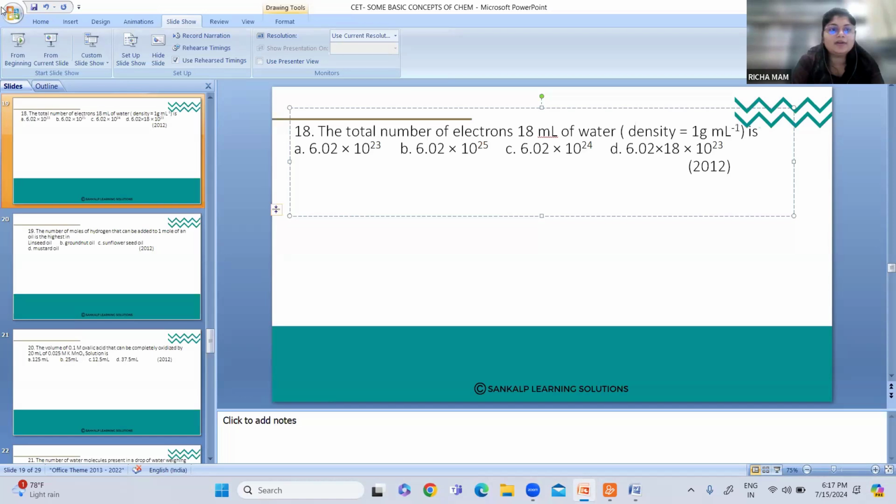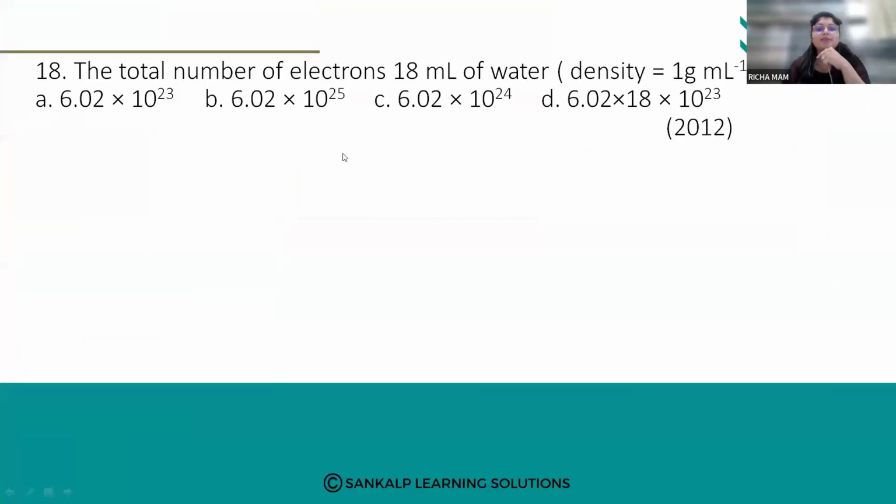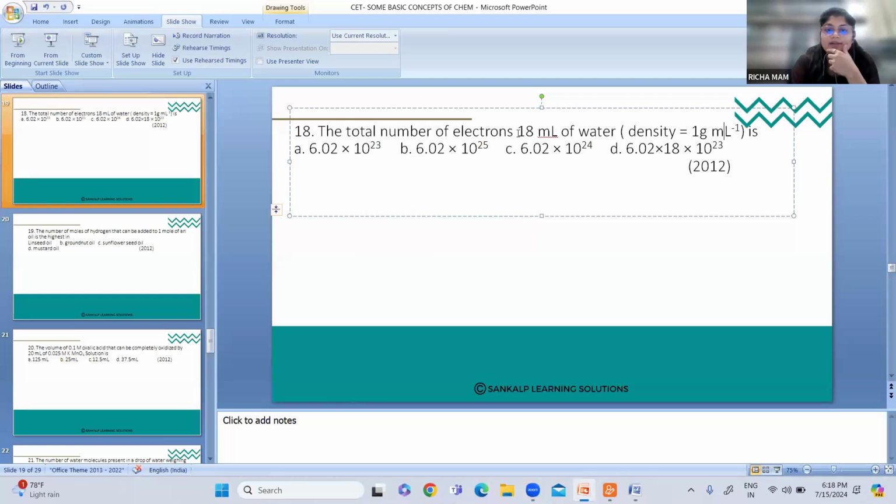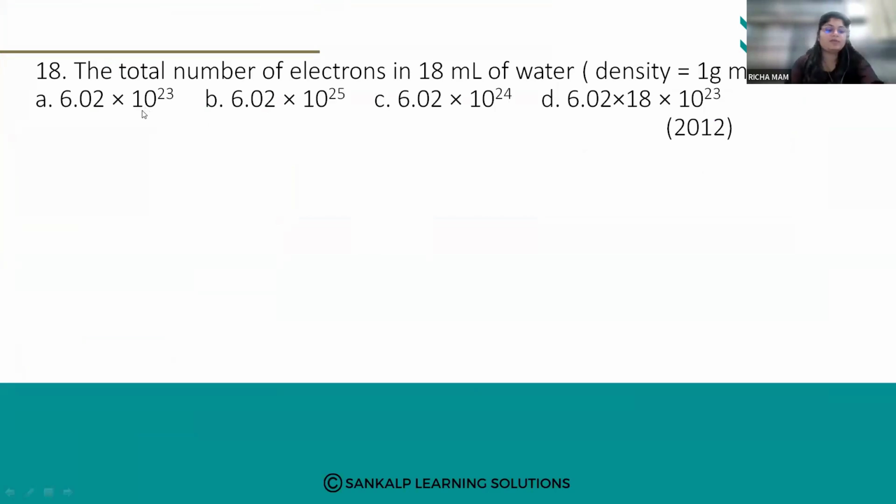So here, calculate the number of electrons in 18 ml of water. Try to solve this. The total number of electrons in 18 ml of water, density is given as 1 gram per ml.